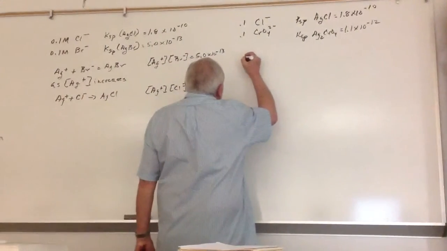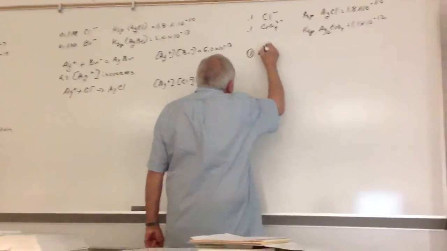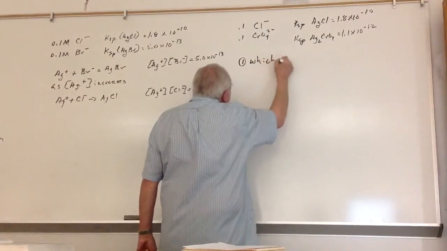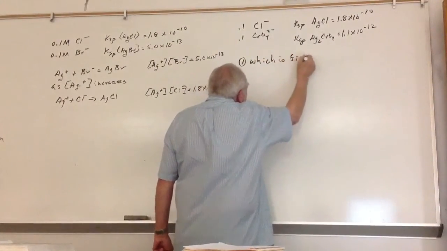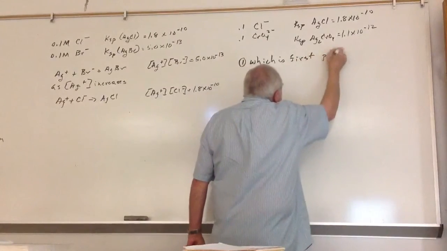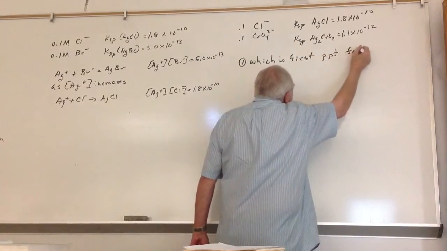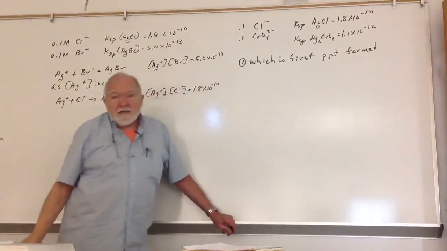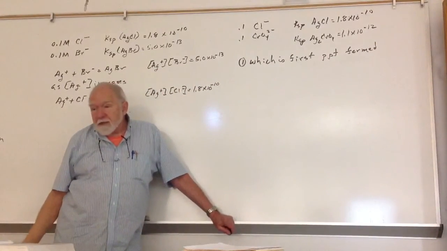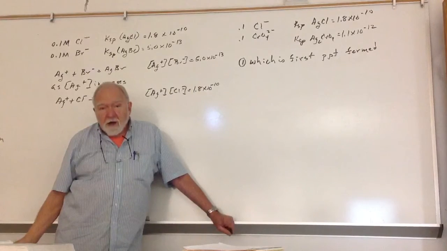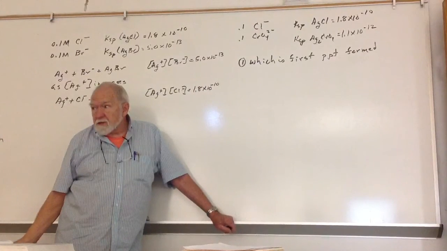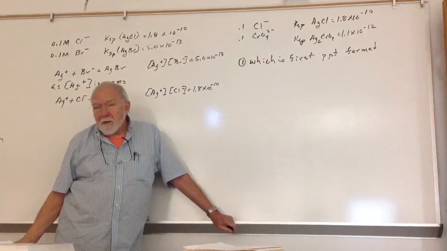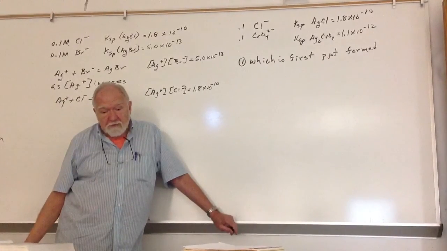because there are multiple parts to this question. You have to calculate the concentration of the precipitating ion to cause the other substance to precipitate. Okay? Cause the precipitate to form.